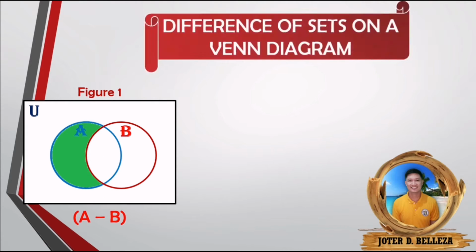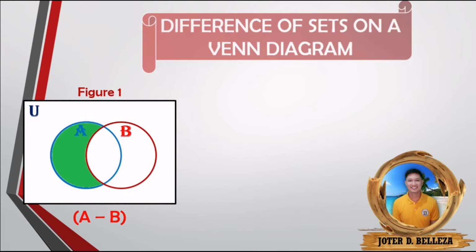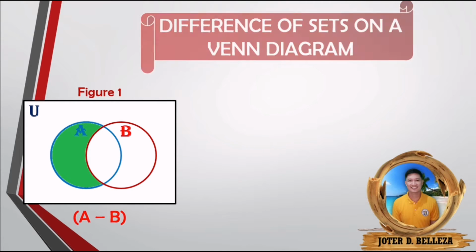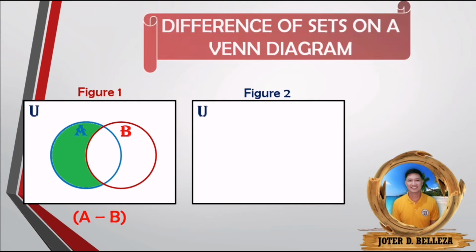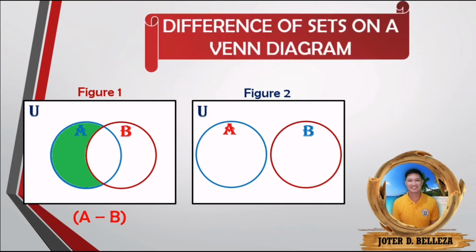Now take note that the shaded region of A represents the difference between A and B, meaning the shaded region contains only the elements of A that are not found in B. Is that clear? Now let's proceed to figure number 2. We have here two disjoint sets A and B. It means that the two sets do not have elements in common.